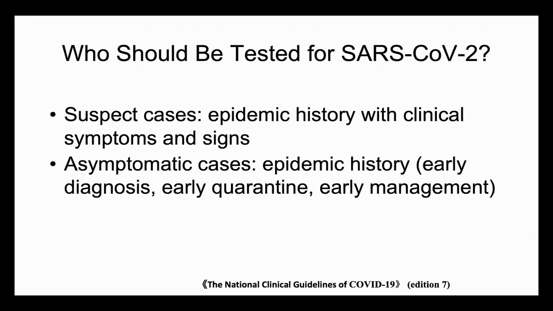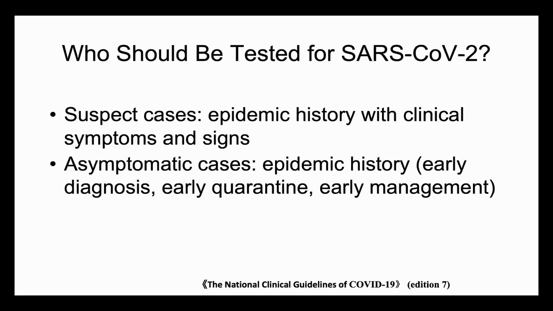So who should be tested for SARS-CoV-2 in China? Our national clinical guidelines of COVID-19 strictly defined 2 groups of people. First group is suspect cases who have epidemic history and clinical symptoms and signs.